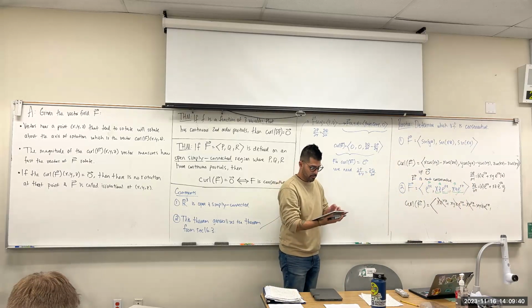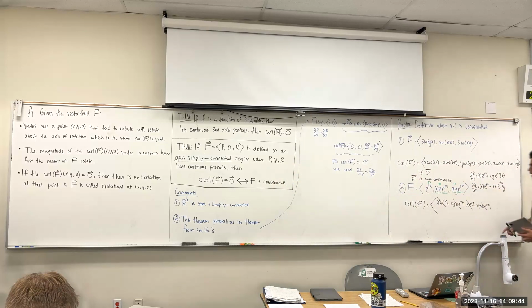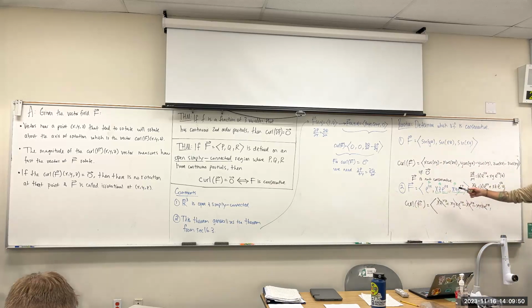All right, and then the second one, you do the partial of R with respect to x, and then you just make it negative. Thankfully, it's not a product rule.